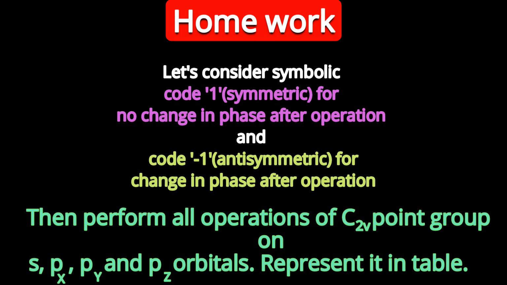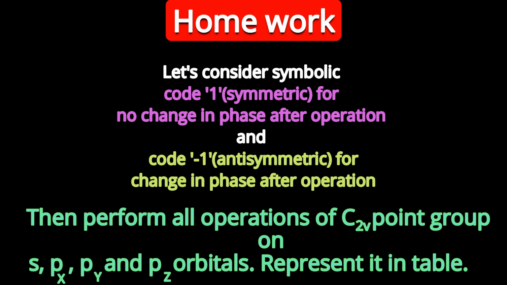Now for the C2v point group, you know the possible operations are E, C2, sigma, sigma dash. Consider C2 as the z-axis and perform operations on the s orbital, operations on the px orbital, py orbital, pz orbital. For example, if I perform operations on the py orbital, then because of identity, no change. Below identity, I will write 1.